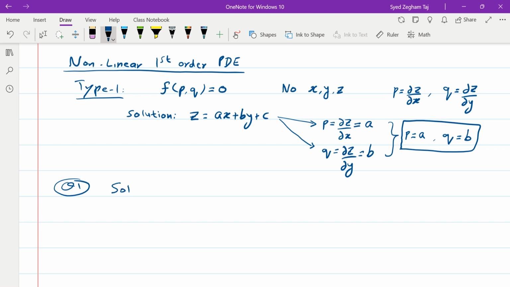Solve the partial differential equation p square plus q square is equal to, let's say, 2. So this is your question. Solve the partial differential equation. Now, let us write the solution.